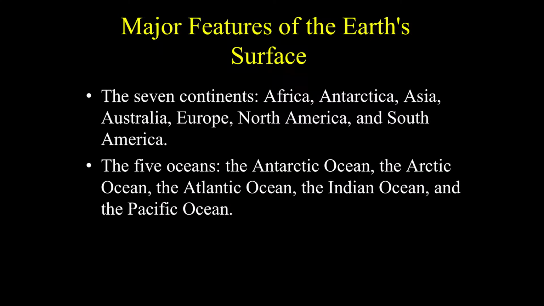As we go through this series of lectures, it is important that you refamiliarize yourself with the major features of the Earth's surface, namely the 7 continents: Africa, Antarctica, Asia, Australia, Europe, North America, and South America, as well as the 5 oceans, including the Antarctic Ocean, the Arctic Ocean, the Atlantic Ocean, the Indian Ocean, and the Pacific Ocean.